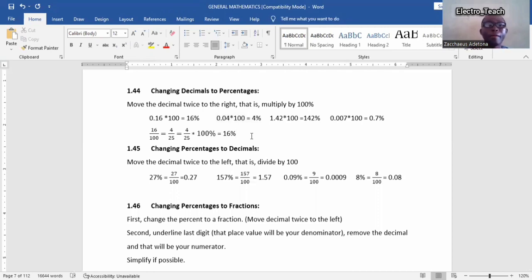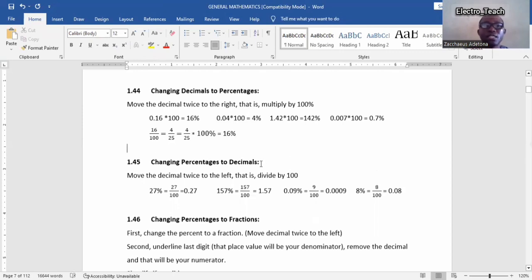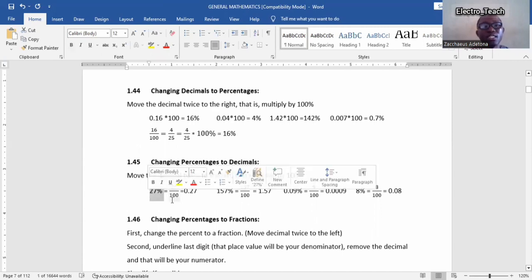Now, what about changing percentages to decimals? Here, we want to convert the percentages back to decimal. If you have something in percentage, then you divide that number by 100 to get it in decimal. We have an example here, 27%.